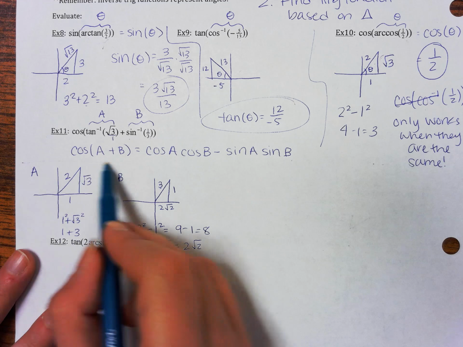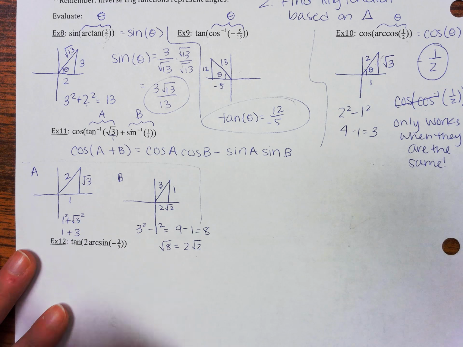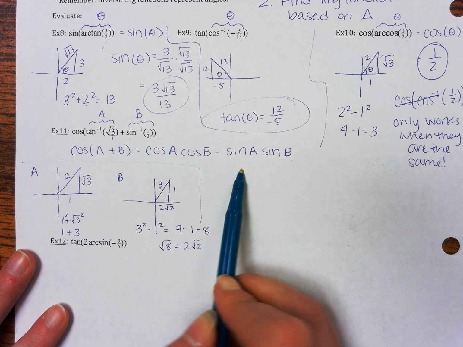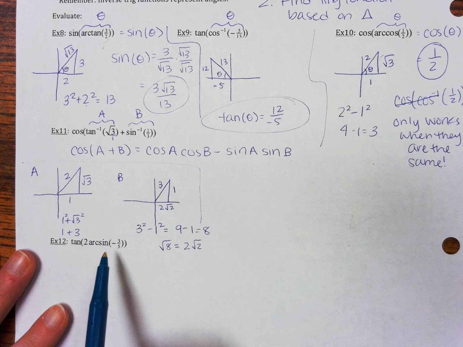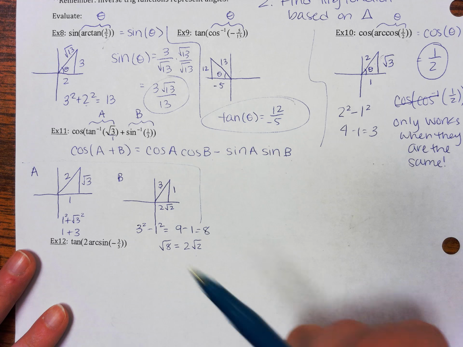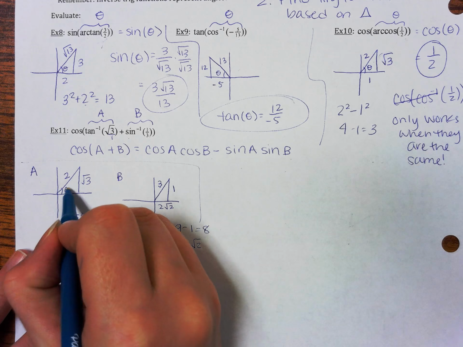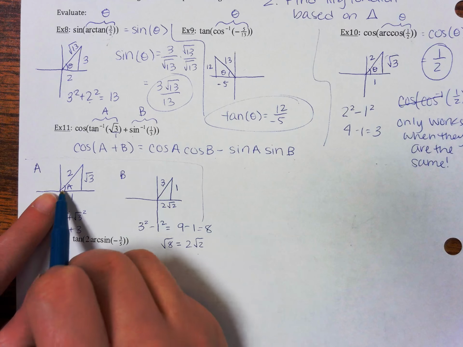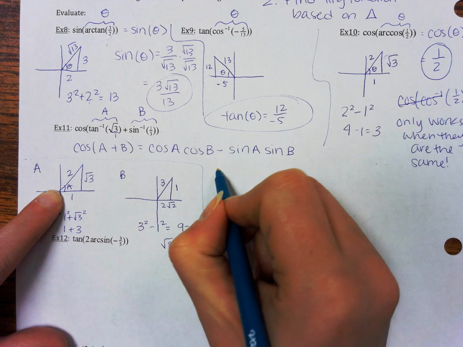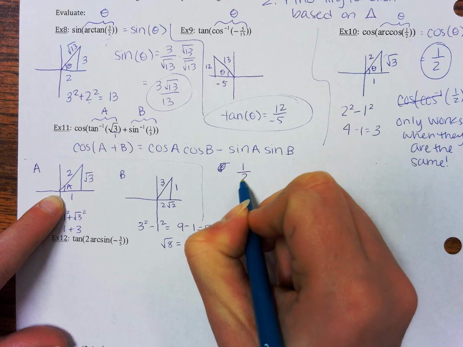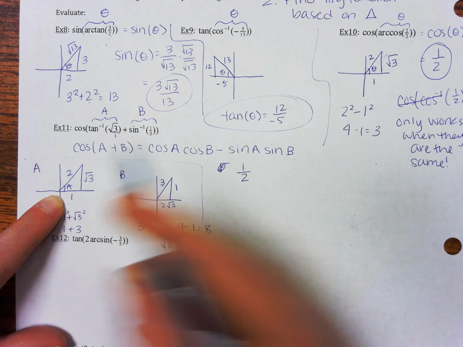Okay, now that we have both of our reference triangles drawn, we can evaluate our cosine of A and our cosine of B and sine A and sine B based on the reference triangles that we've drawn. So the cosine of A, here I am in A, this is my angle value. Cosine is root 3 over 2, adjacent over hypotenuse.